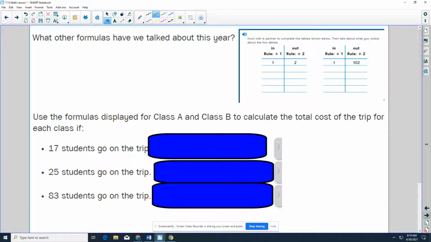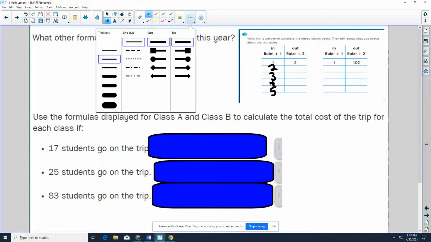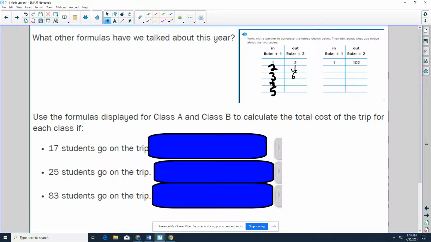Now it says use the formulas displayed for class A and B to calculate the total costs for the trip if each class has 17 students for the trip. So let's go ahead and fill this in here again. So we know it's 2, 3, 4, 5. And over here I have 4, 6, 8, 10.